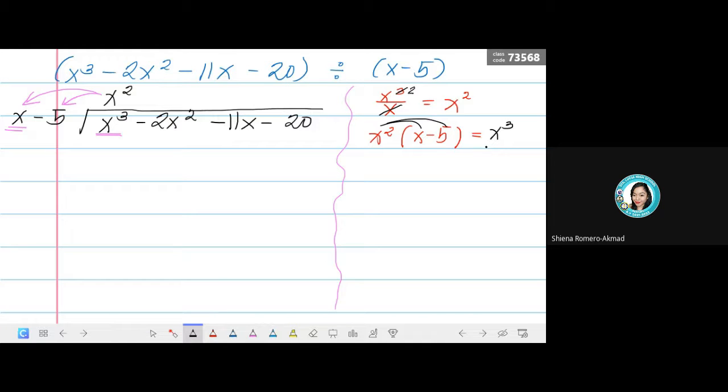X squared times negative 5, that's negative 5x squared. Yung sagot na to, ilalagay natin sa baba nitong first term at second term. Isusulat natin, we have x cubed minus 5x squared.